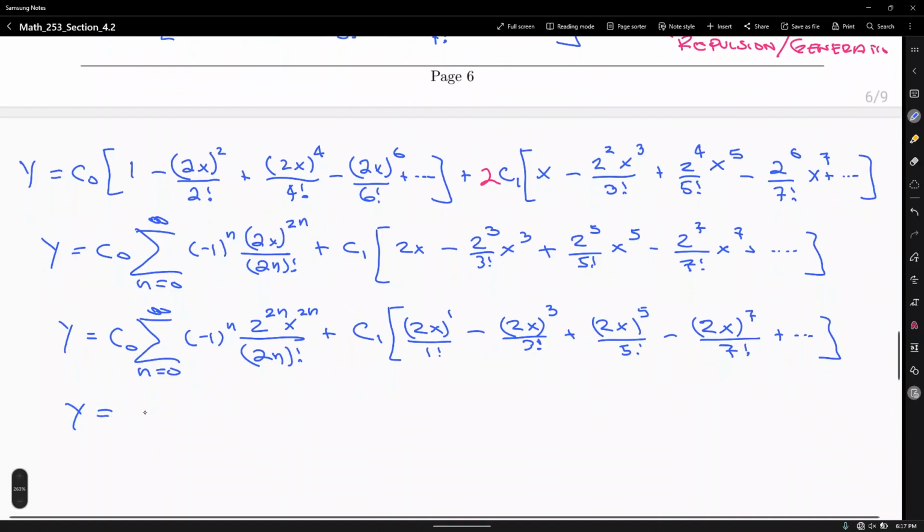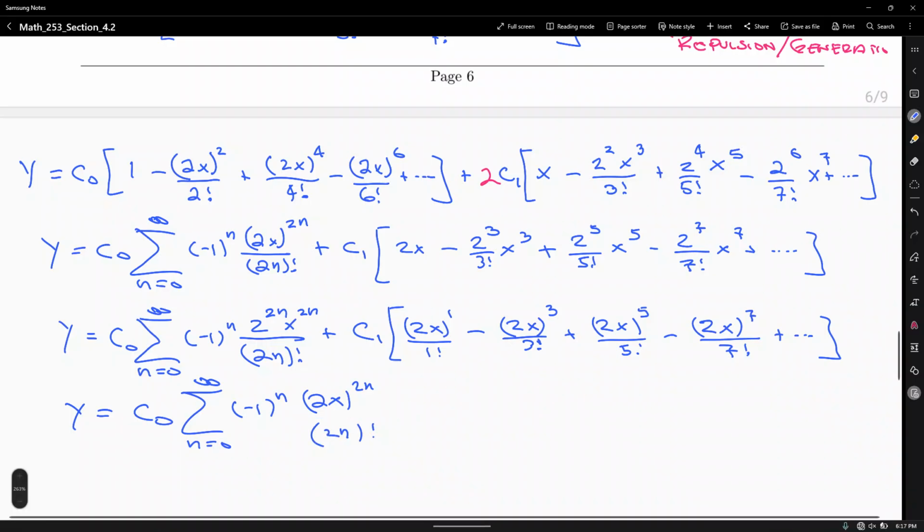Now, y equals c sub 0, sigma n equals 0 to infinity of negative 1 to the n, 2x to the 2n over 2n factorial.